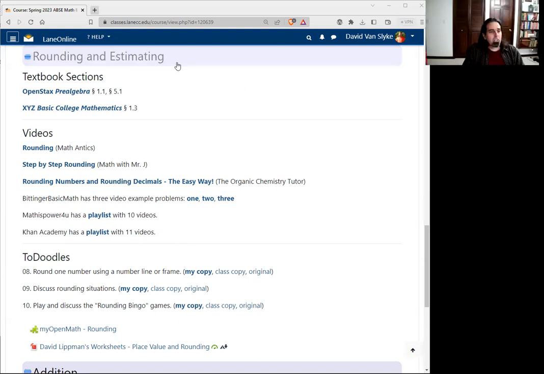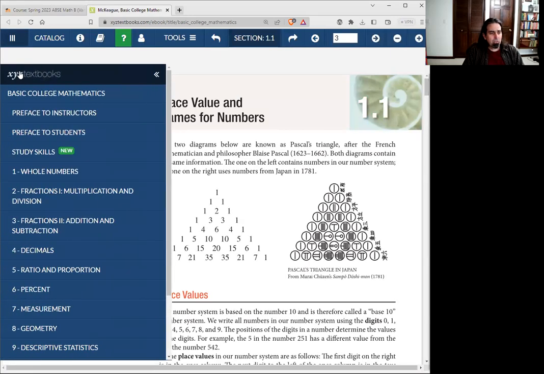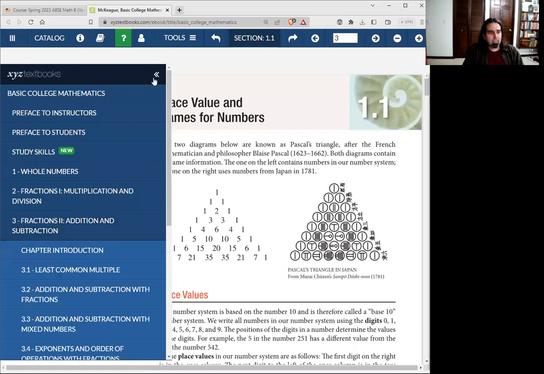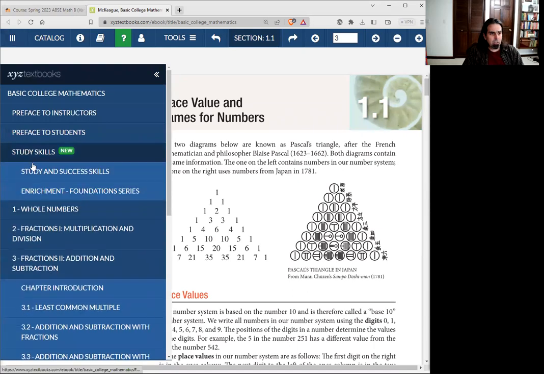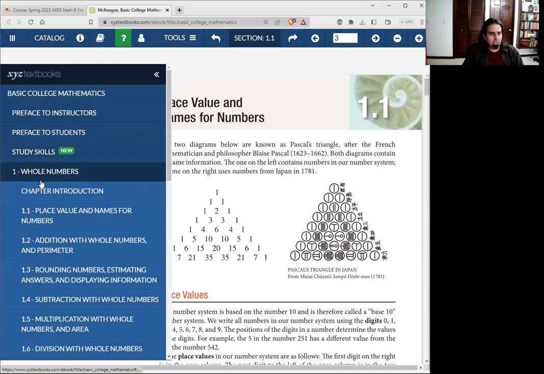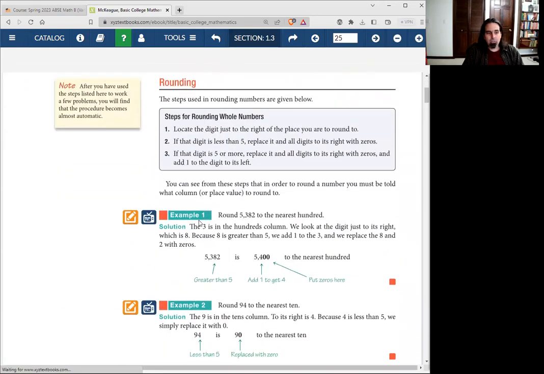The textbook sections on rounding and estimating in our Moodle are still including chapter 1 for the nice textbook. So you can go there and look up chapter 1, section 3. There you can see all of their good example problems and practice things and the videos that go with the examples.